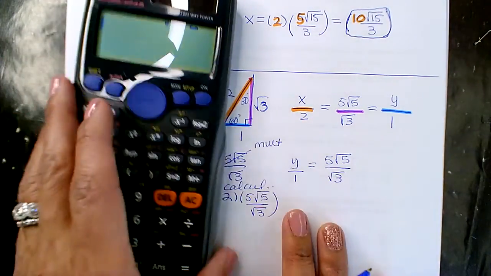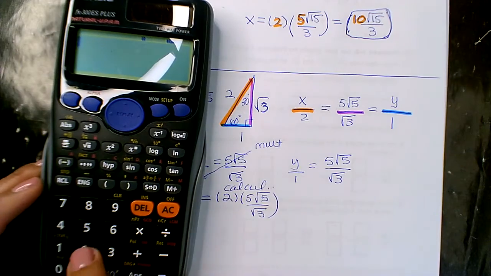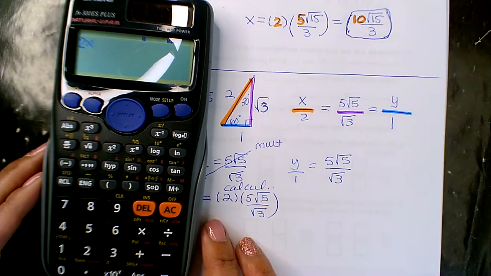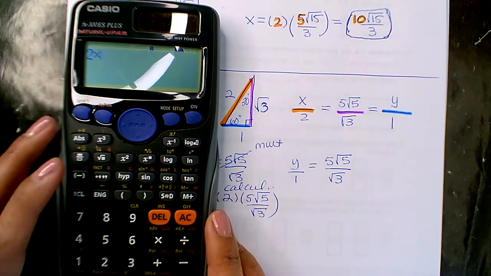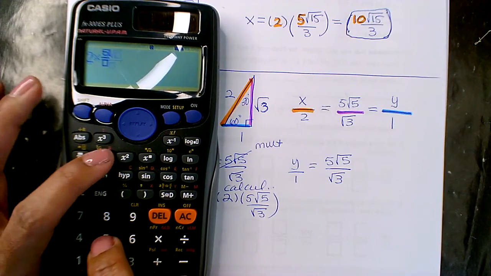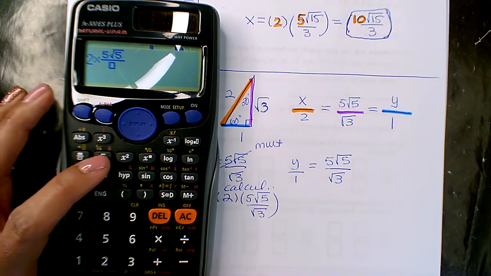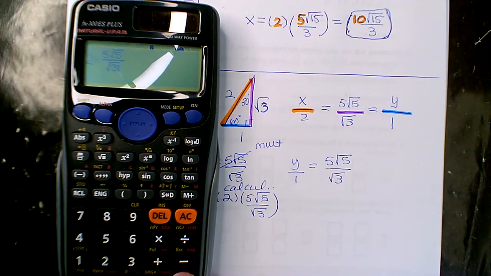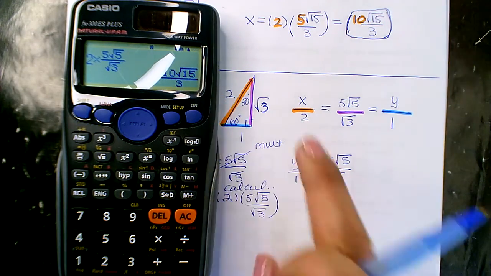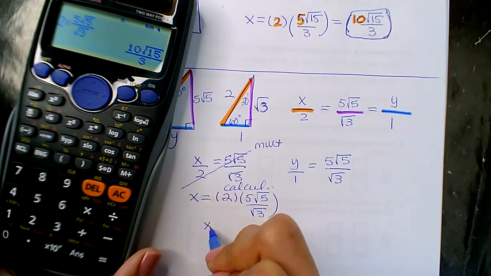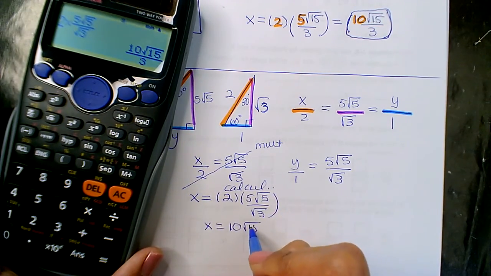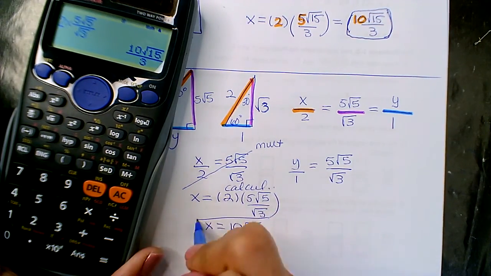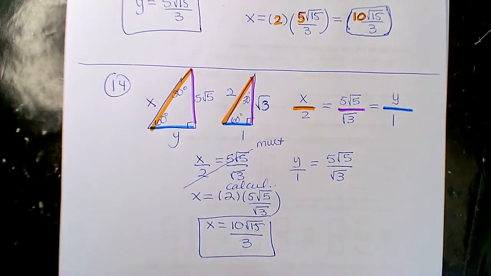Okay, so here's what I mean. 2 times, and then fraction 5 rad 5 over rad 3, equal, and there's my 10 rad 15 over 3. So we'll still get the same answer.